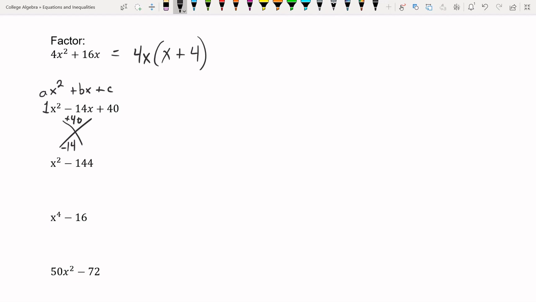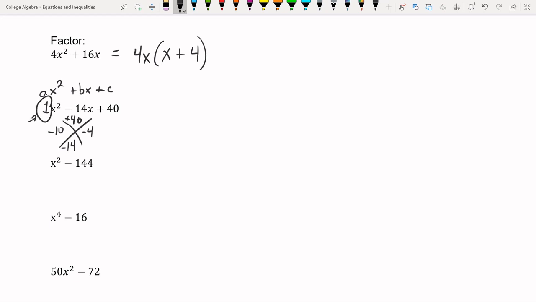Now, on the sides go 2 numbers that multiply to give the top, positive 40, and add to give the bottom, negative 14. 2 numbers that do that, after a little bit of thinking, you'll get negative 10 and negative 4. Negative 10 times negative 4 is positive 40. Negative 10 plus negative 4 is, in fact, negative 14. Now, we can follow along with the rest of the AC method, but we don't have to because a here is 1.